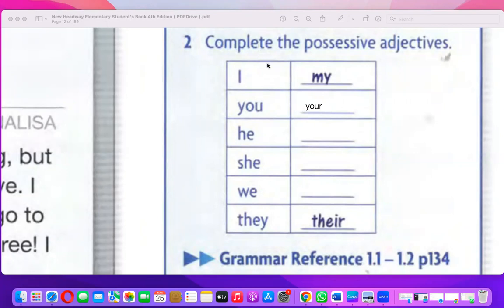Someone else, please. Abdul Hay or Miss Lama. He is. He his. Very good. So here it becomes his, not he is. His, very good.